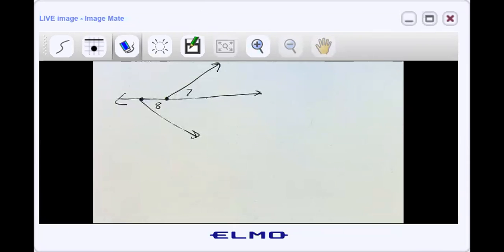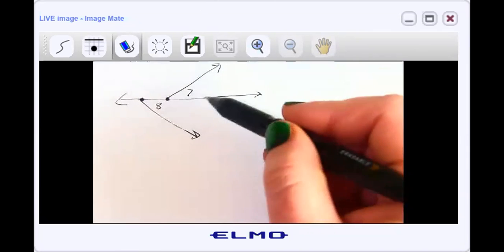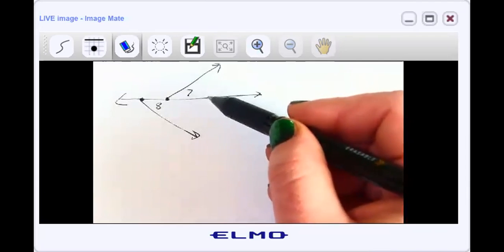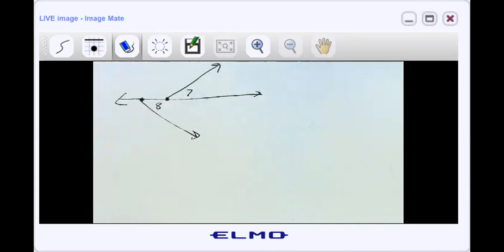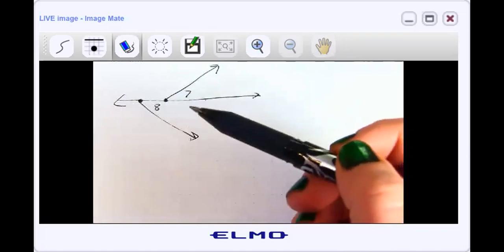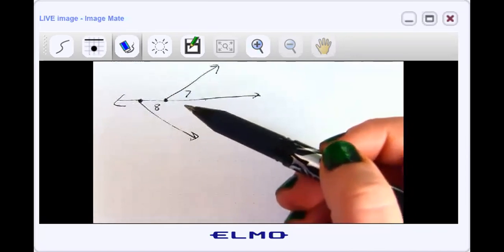But anyway, I forgot what even the question was. Are these adjacent? The answer is no, they are not adjacent. So let's talk about why. I know it feels like they should be, right? Because you're like, well, they've got that shared wall. Yeah, I'll give you that, but they fail on the common vertex. See that? Angle 7 has its vertex here, 8 has its vertex here. They don't share it. It's got to be the same vertex, and they don't have it.